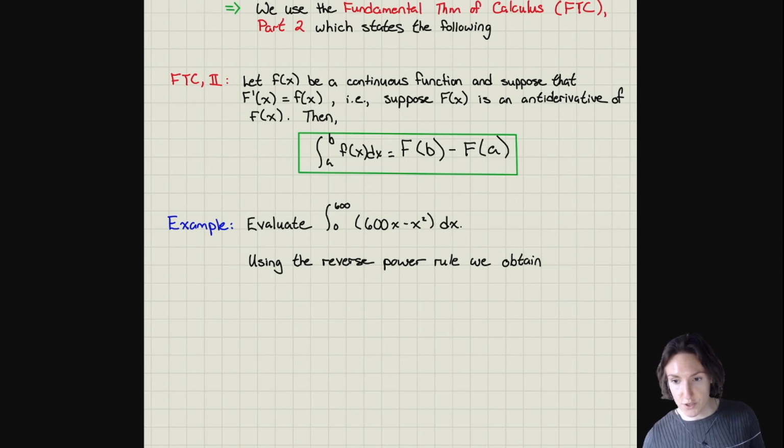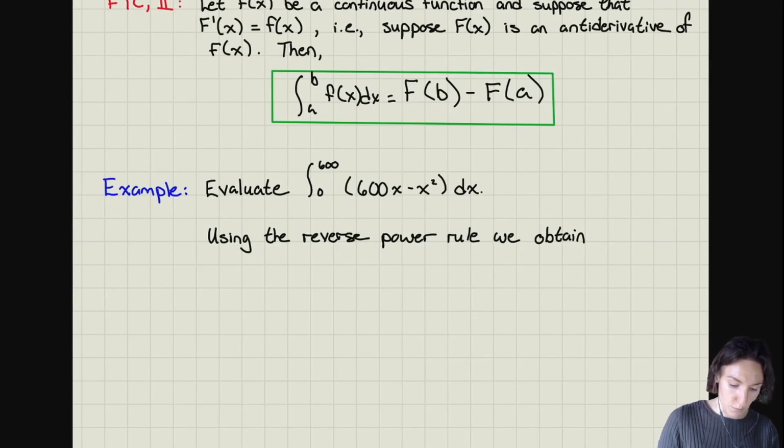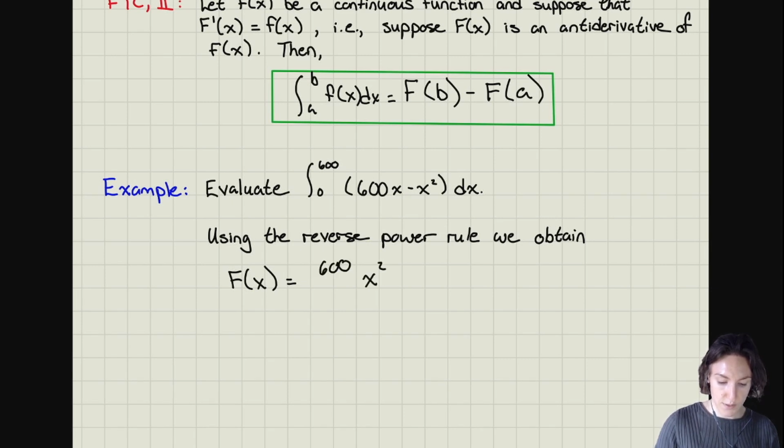Okay, so the fundamental theorem of calculus actually tells us how we're able to evaluate these. So let's actually check to make sure that we get this 36 million for our area. So this is a type of polynomial, so we're going to use the reverse power rule. We know that the antiderivative, if we called it capital F of x, well, I have an x to the 1, so reverse power rule, I'm going to have to go x squared, and then I'm going to take that new exponent and put 1 over that out front, so I'm going to have 1 over 2 times 600x squared.